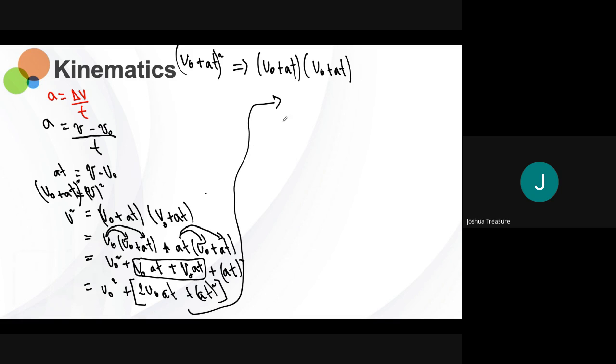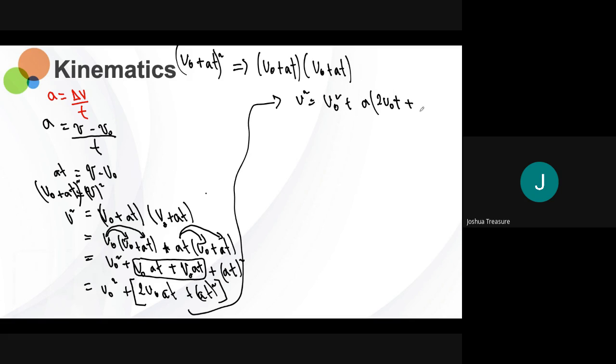And we want to take out the A. I want to take out the A. So what would you be left with again? V squared equals V0 squared plus A. What would you be left with? 2V0T.